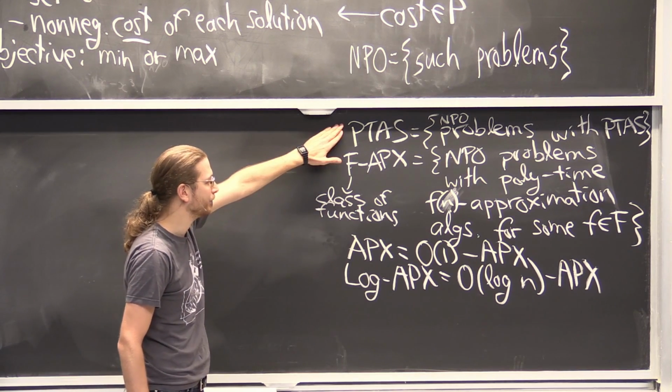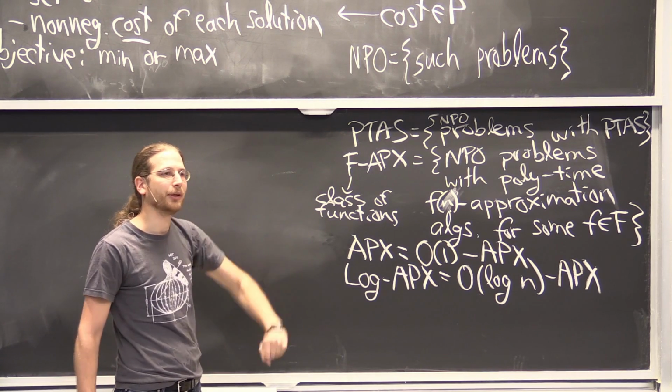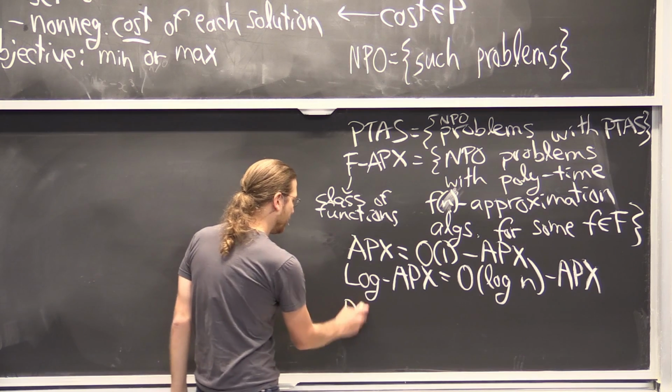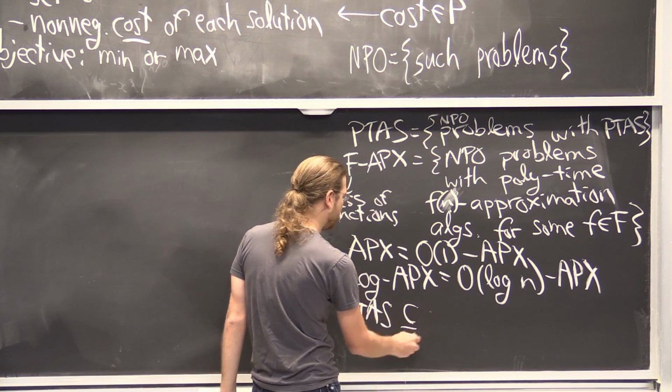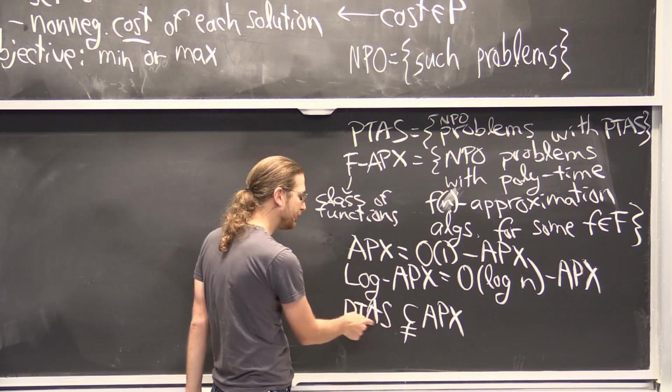APX includes PTAS, but there's problems in APX minus PTAS. Those have a limit how far down you can get. Okay, we have PTAS is a subset of APX, and furthermore, if P does not equal NP, it's a strict subset.